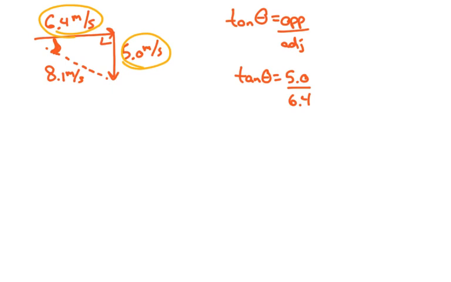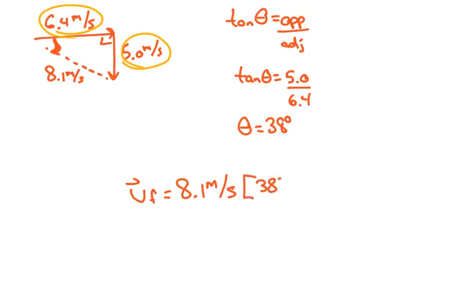Calculating that out, making sure you're in degree mode when you do it, we would get 38 degrees. So now we can put this all together and say that our final velocity is 8.1 meters per second, and we are 38 degrees south of east.